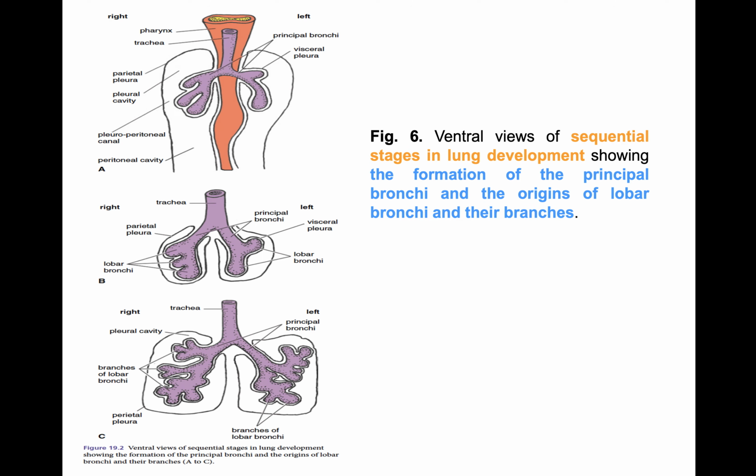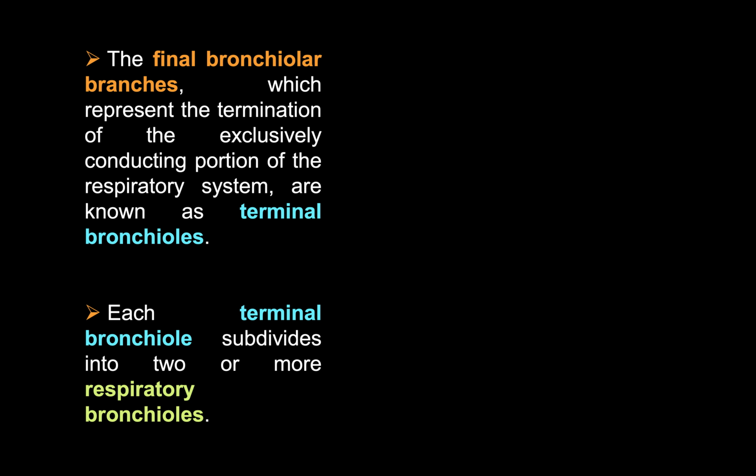If you remember when we talked about the lobulation of the lung, for example in the ruminant or in the dog, on the right side we have cranial, middle, and caudal lobes, and we have the accessory lobe. Whereas on the left side we have just the cranial and the caudal lobe. And in the horse, we only have three lobes, which are the cranial, the accessory, and the caudal, whereas the middle one is absent.